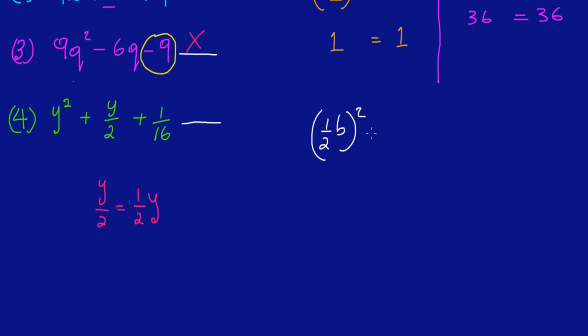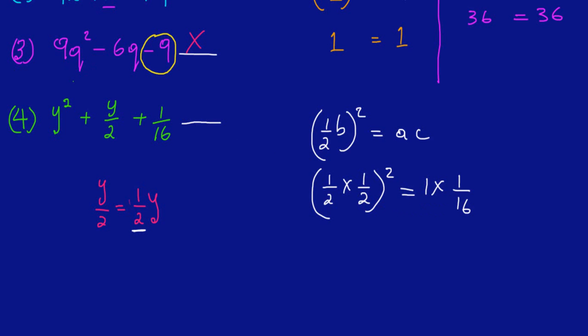It's always nice to work with fractions, you shouldn't be scared of them. So half of b here is a half, and we're going to square that, and that should be equal to the coefficient of y squared, which is 1, times the constant, in this case a fraction, 1 over 16.